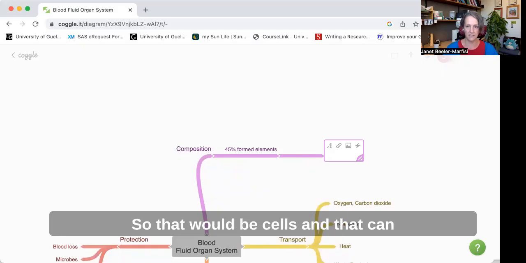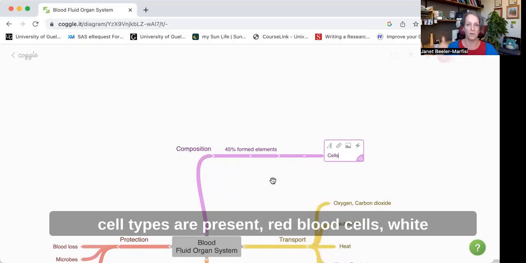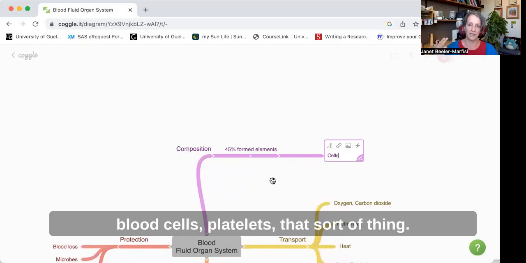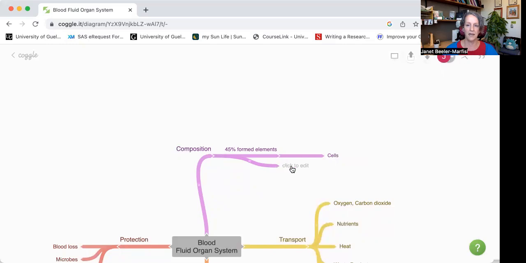So that would be cells, and that can be broken down in future lectures into what cell types are present. Red blood cells, white blood cells, platelets, that sort of thing. Composition, 45% formed elements.